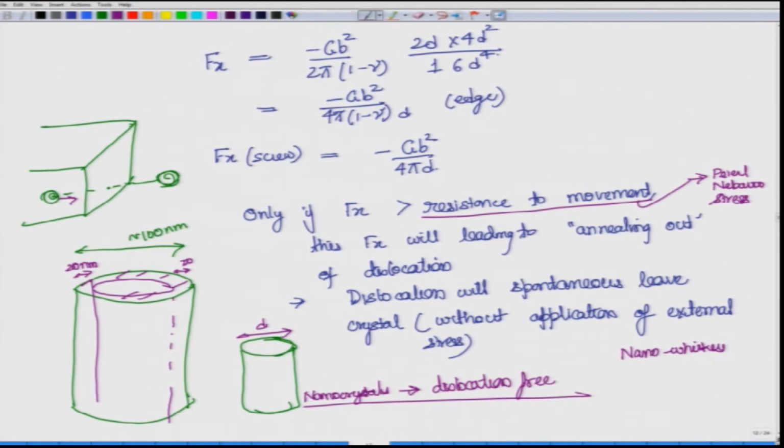Since their dimensions are smaller than this critical dimension D, they will be dislocation free, and therefore, these whiskers will have very high strength. So, even in metals we can get very high strength if we can get to nano whiskers, and these can be used as composites.